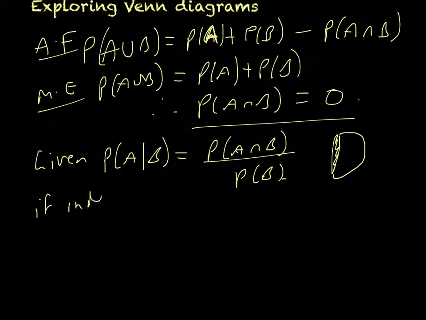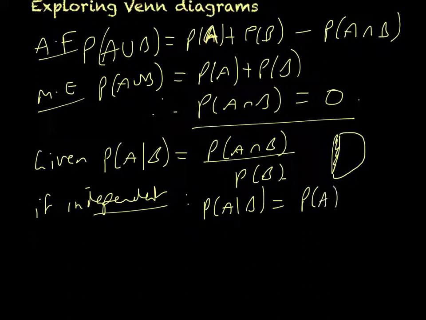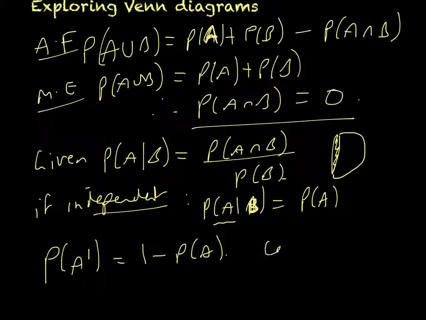If independent, though, we're saying that probability of A given B is the same as probability of A, this thing on the left, because it doesn't matter that B's happened before, it's independent of that event. And finally, probability of not A is the same as 1 minus probability of A. Remember, this is our complement notation.